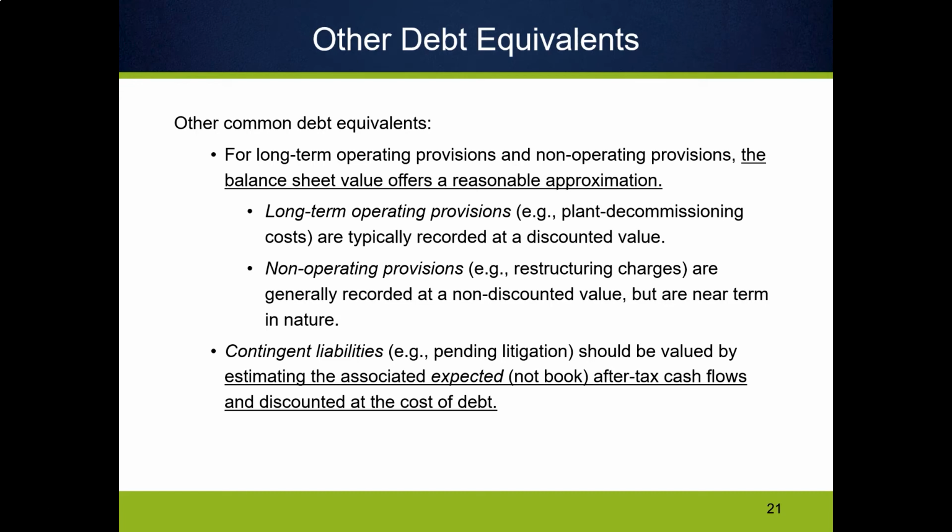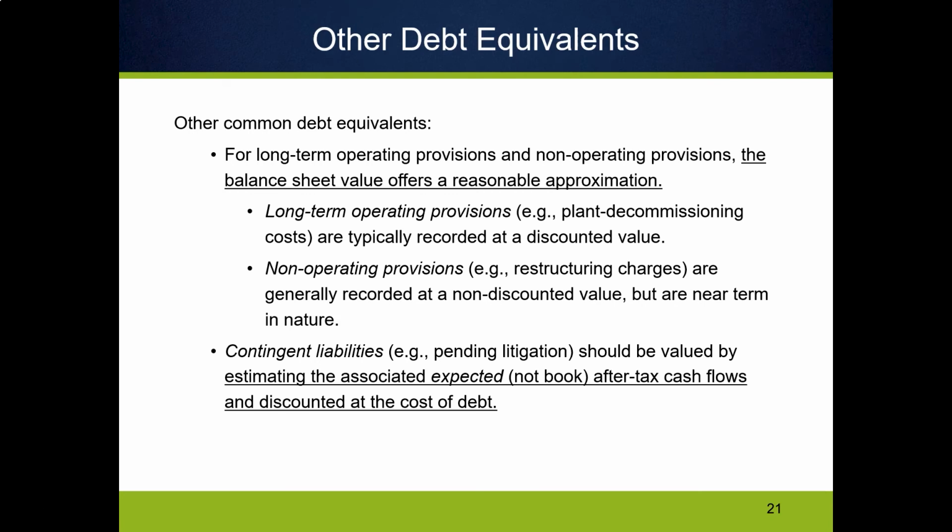It says long-term operating provision, negative 100 million. And that just means we are estimating that we have $100 million over the next 5 years associated with decommissioning a plant or cleaning up a hazardous spill or something like that. Or we're restructuring the balance sheet, and so some of these liabilities are severance payments to employees.